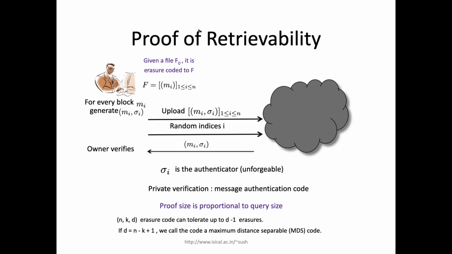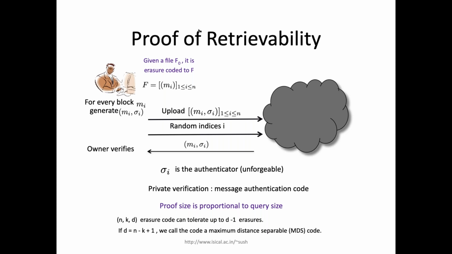Note that when I say the proof size, it means that the information the server sends as a response to the challenge set of indices is proportional to the size of the query. So if you send n random indices, then you will get a response of size n.